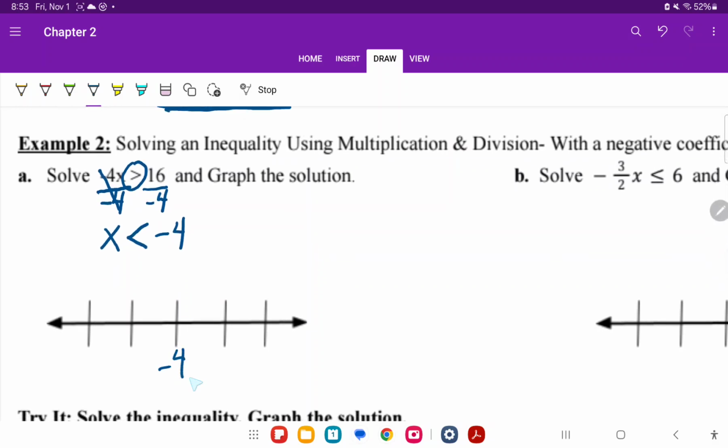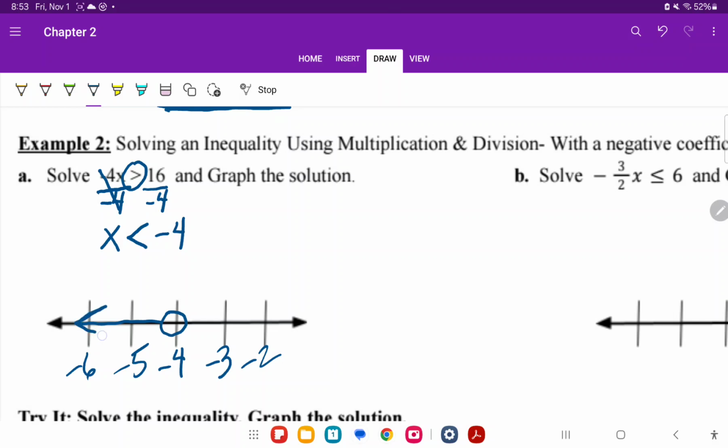We're going to label this down here, negative 2, negative 3, negative 4, and then negative 5 and negative 6. So, Amaya, are we going to have an open circle, and which direction is our line?